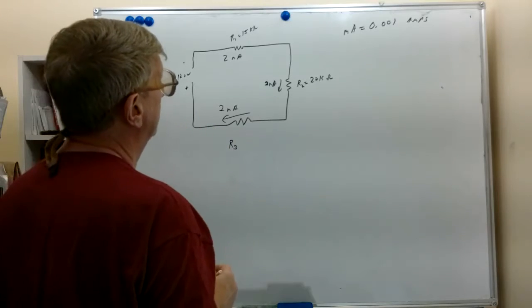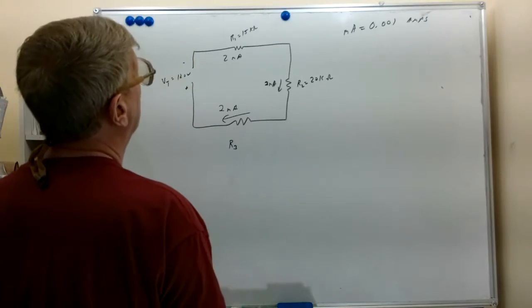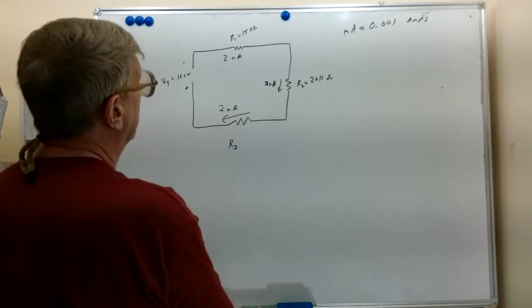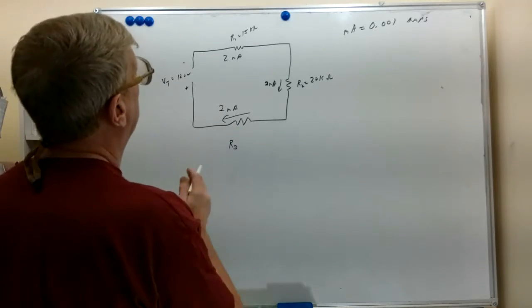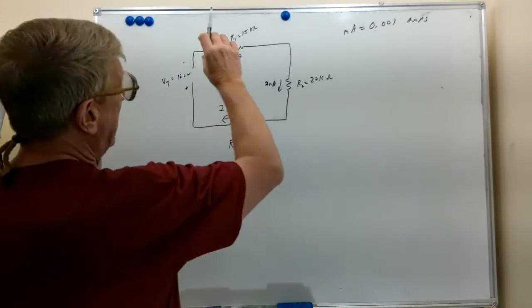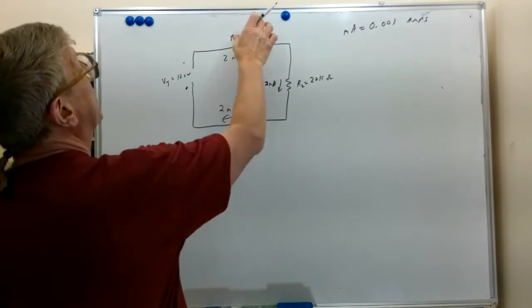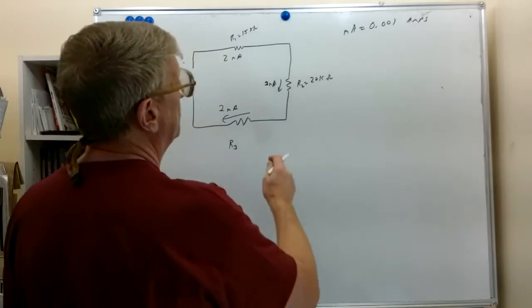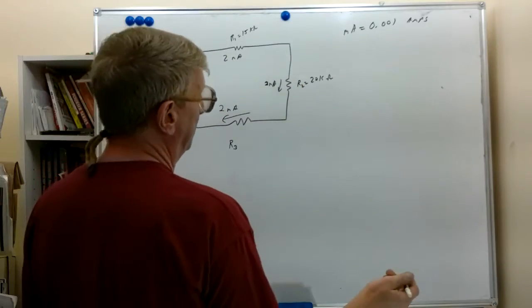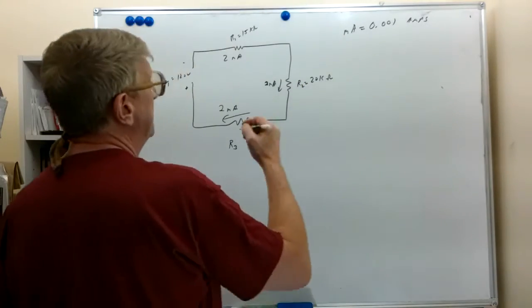Well, there's a couple choices. We could calculate the voltage drops in each case, the 2 milliamps times the 15,000 ohms, and the 2 milliamps times the 20,000 ohms. Let's go ahead and do that.